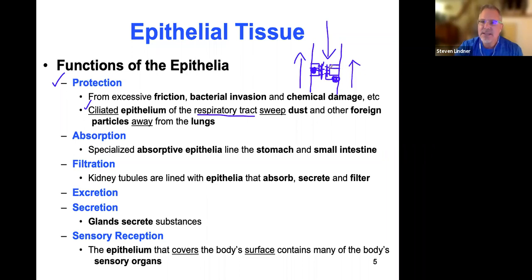So these ciliated columnar cells that should normally be there now get burned off, and the body starts to make a cell called squamous cells. And if you've ever heard of a type of cancer called squamous cell carcinoma, this can happen with smokers as well.